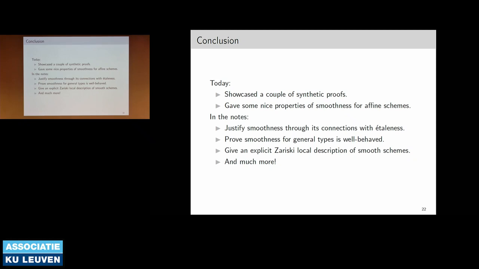The main motivation for the definition of smoothness is actually the definition of étaleness, where you ask not that there merely exists a lift, but there exists a unique lift. But it's unclear to me how it connects to synthetic differential geometry, especially because here it's very key that we use proposition and not infinitesimal extension of the points. So here there is a mismatch that I'm not sure how to make sense of.